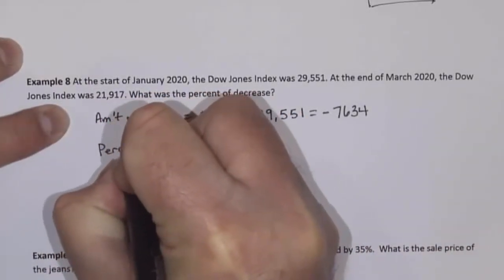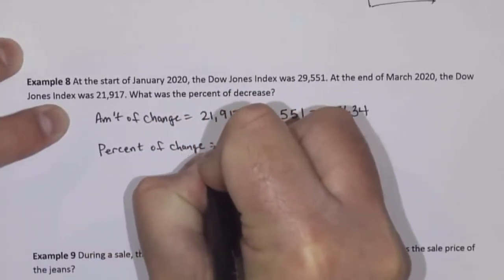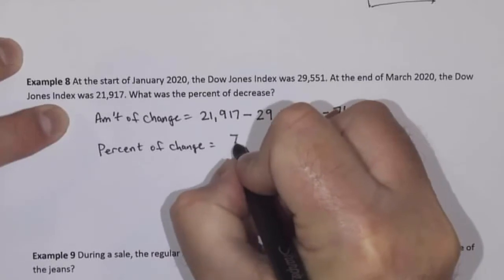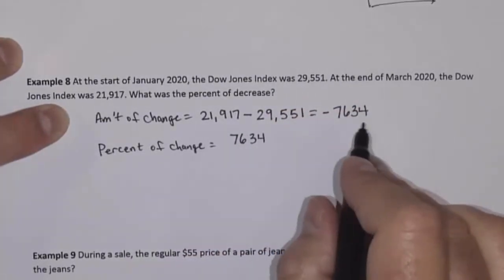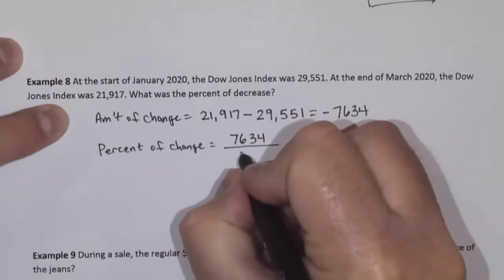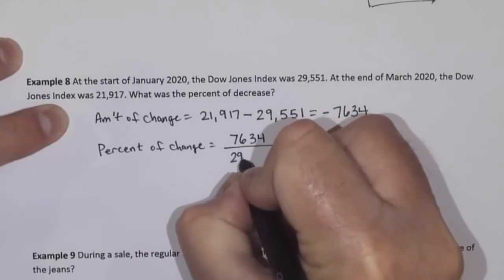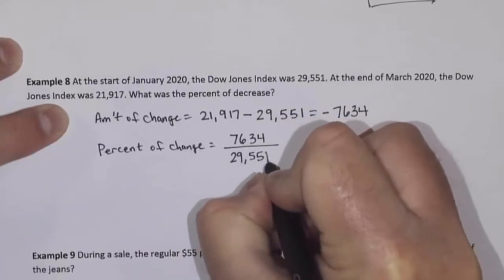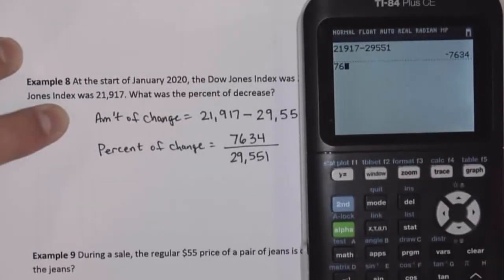So our percent of change, in this case it's a percent of decrease, that's going to equal 7,634, the amount of decrease, divided by the original amount, the base amount, which was 29,551. So if I take 7,634 and divide by 29,551, that is 0.2583.